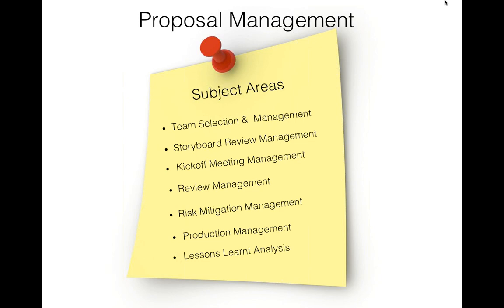We will see how we do that, and there's a very defined way of doing that suggested by APMP as a best practice, which is known as the color team reviews. So we will see how different color team reviews come in the entire proposal development phase, and they do their reviews, assure the quality, and suggest ways of improving the quality.